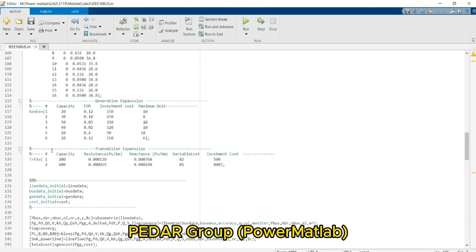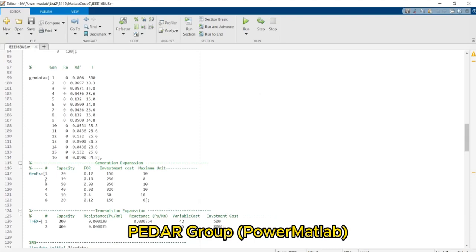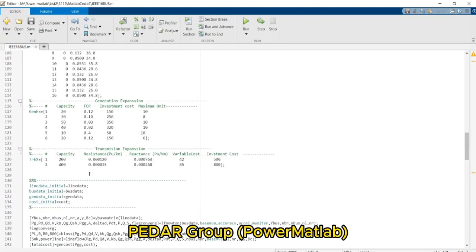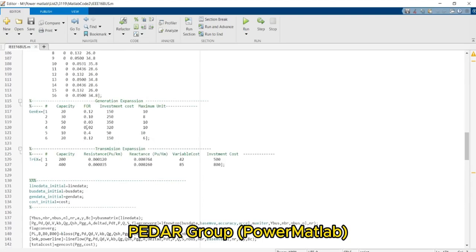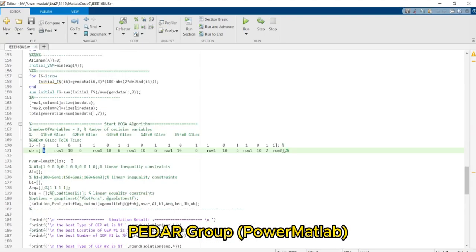As you can see here, we have 6 types of generation expansion planning. So we consider where is the best scenario of expansion planning, and where is the best location.